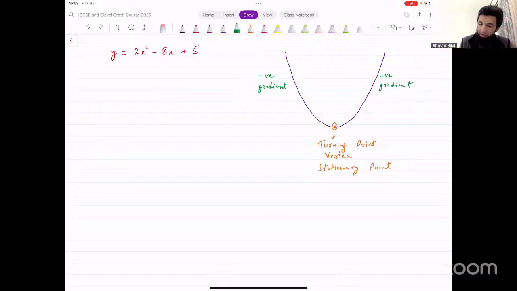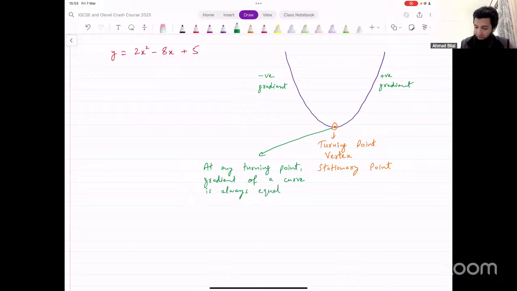At any stationary point or turning point, the gradient of a curve is always equal to 0.